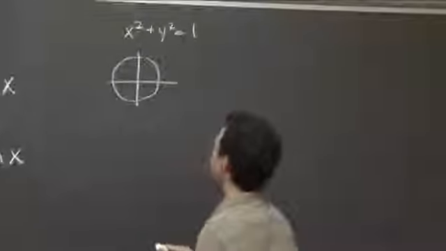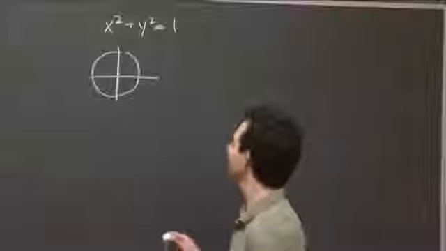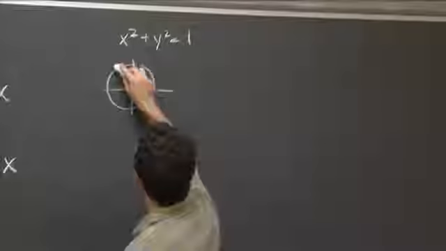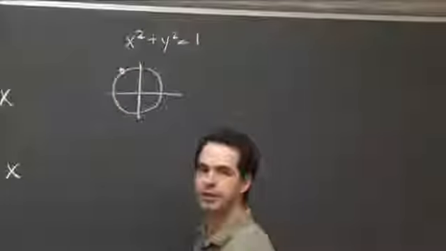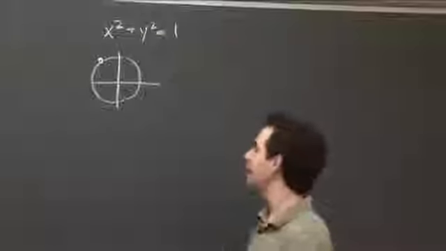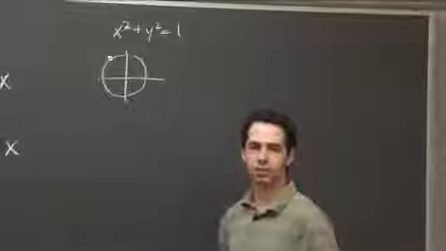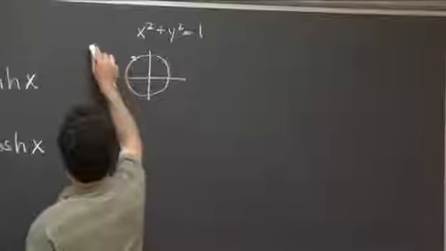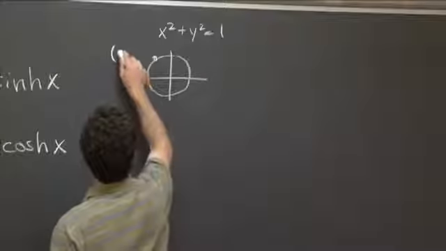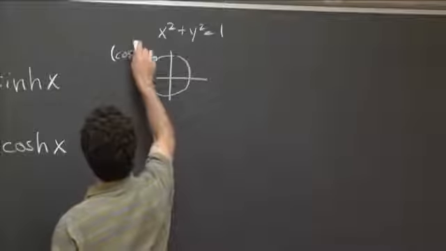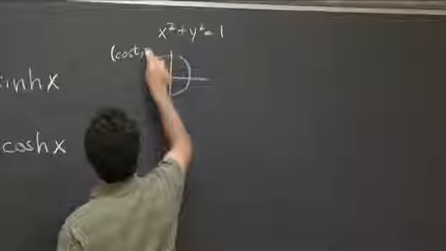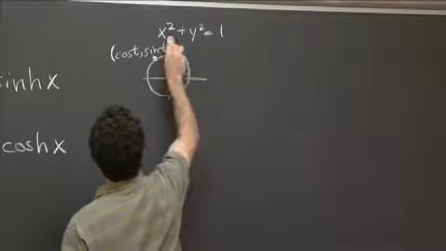It's a circle. Well, it's close enough, right? And what is the nice relationship between this circle and the trig functions? Well, if you choose any point on this circle, then there exists some value of t such that this point has coordinates cosine t, comma, sine t.